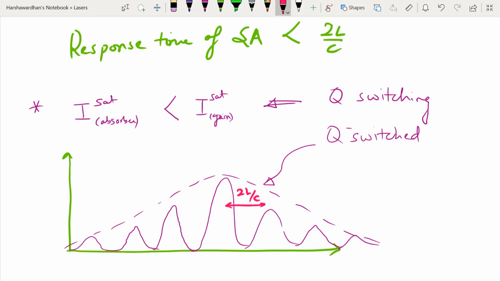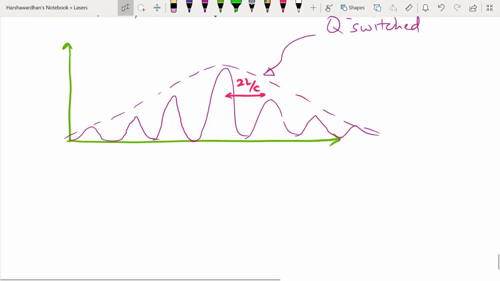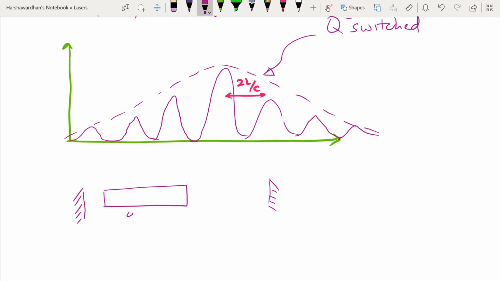But basically for mode locking, remember the idea is the following. I have, for example, the cavity, I have the gain medium, and I have put in a saturable absorber here. So then what happens is, essentially I have a pulse of light going around.